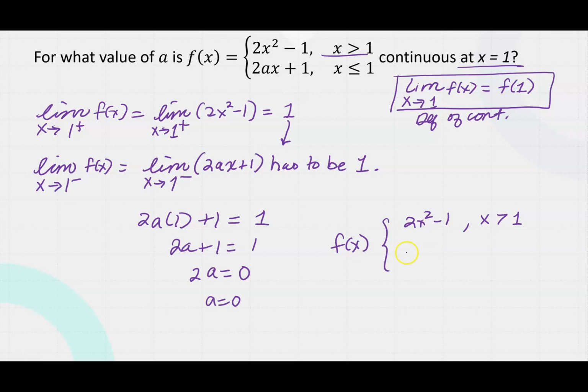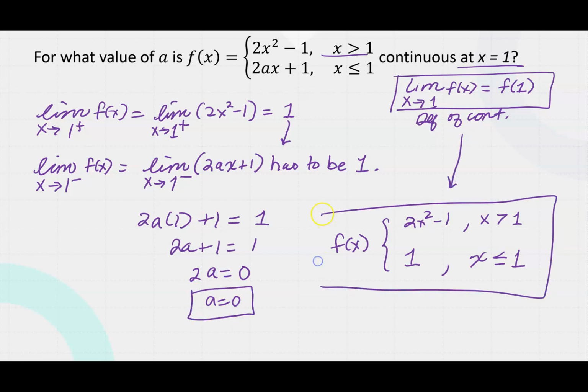So then when a is 0, that right there must be 1 when x is less than or equal to 1. So, in order for your function to be continuous, a must be 0.